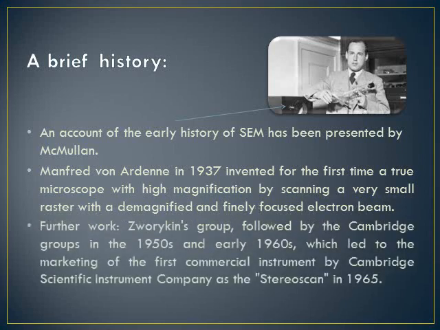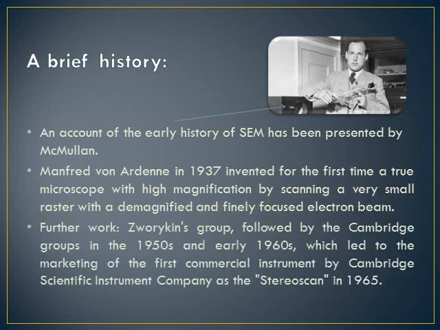Further work was reported by Zworykin's group, followed by the Cambridge groups in the 1950s and early 1960s, headed by Charles Oatley, all of which finally led to the marketing of the first commercial instrument by Cambridge Scientific Instrument Company as the Stereoscan in 1965.